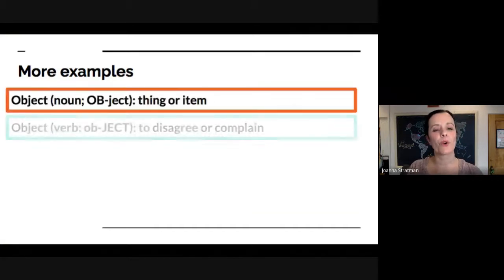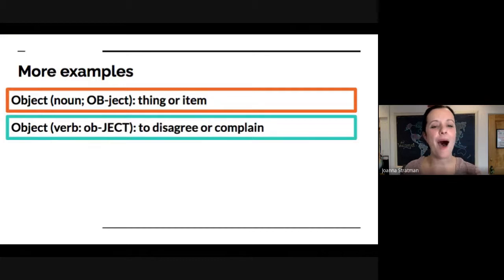Next, we have the words object, and an object is a noun that means a thing or an item. For instance, this is an object. It just is a different word for thing.